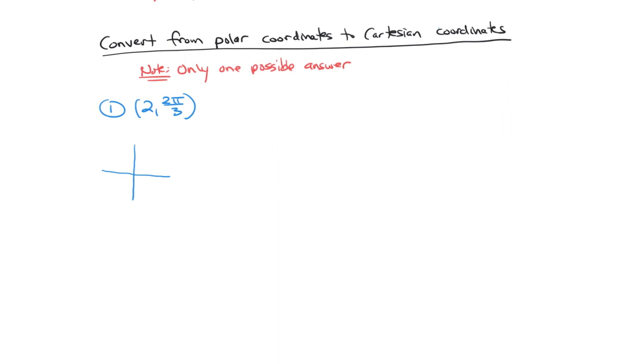The angle is 2 pi over 3, so starting from the standard position, we go over 2 pi over 3, which puts us up here. Then we go out 2 units, so let's just make this 1 and 2, so we are right there. Okay, so we want to find that.